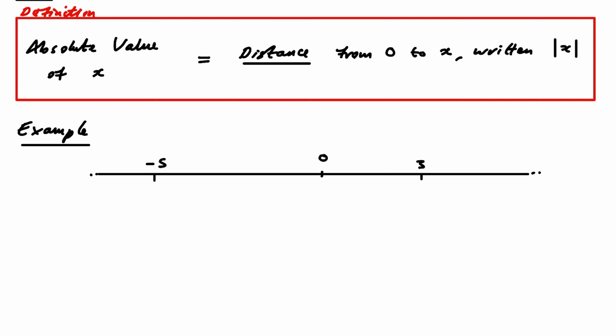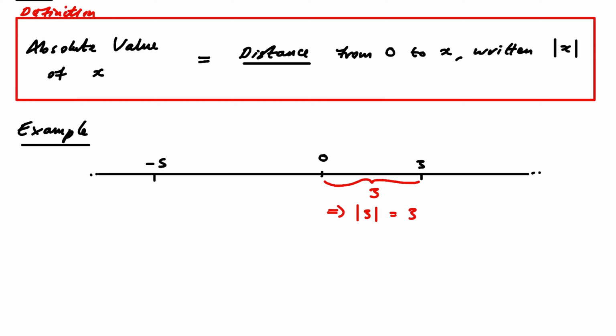Okay. So what's going to be the absolute value of 3? Well, the absolute value of 3 is going to be the distance. It's going to be the length of this line segment. Right, that's going to be what the distance is between 0 and 3. So this length, of course, is equal to 3. Okay, so this implies the absolute value of 3, the distance from 0 to 3, is just equal to 3 itself.